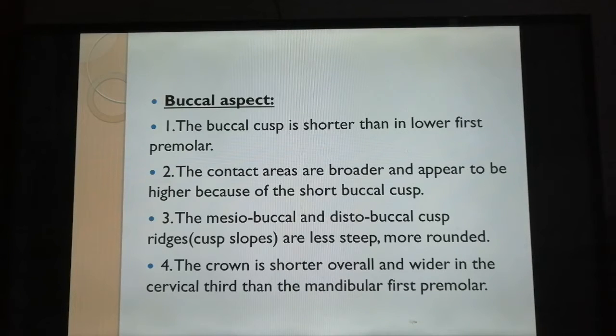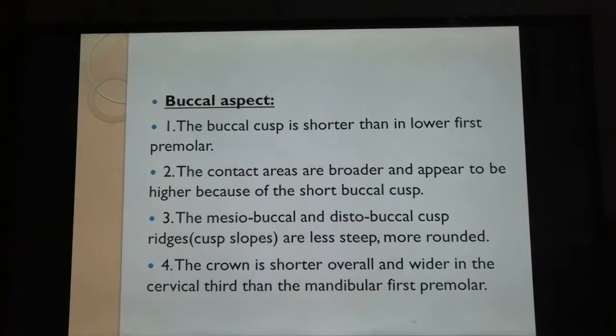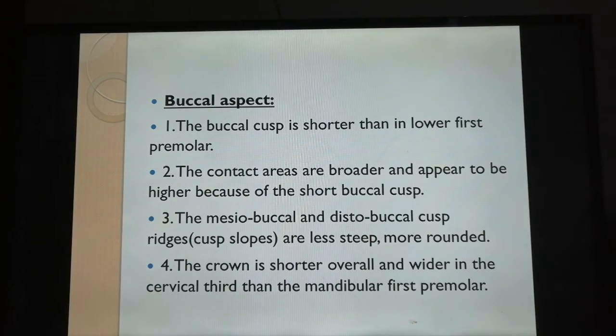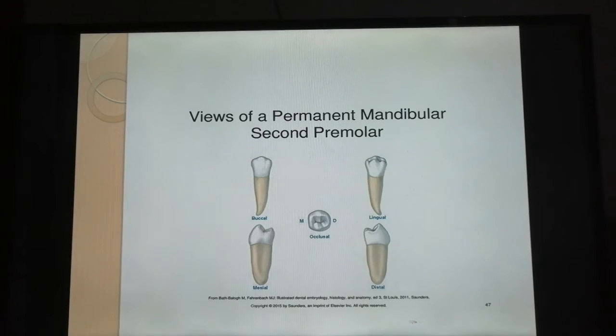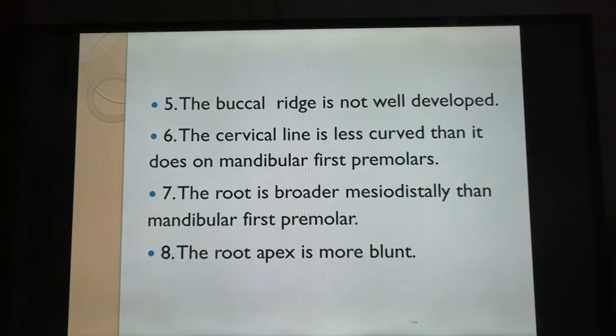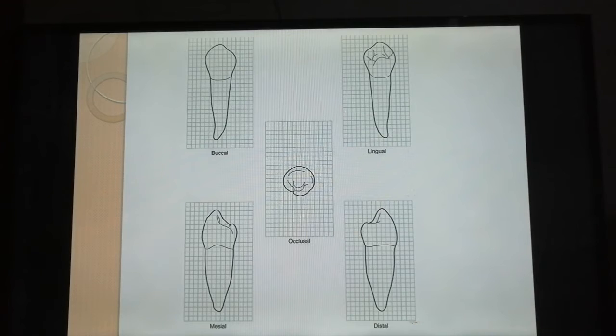Number 3, the mesiobuccal and distobuccal cusp slopes are less steep, more rounded.